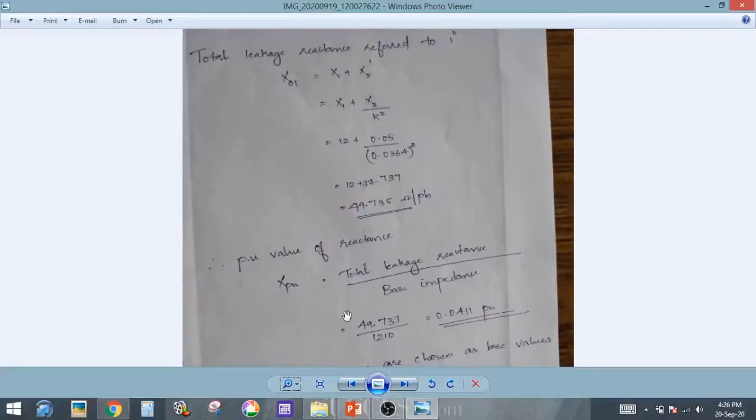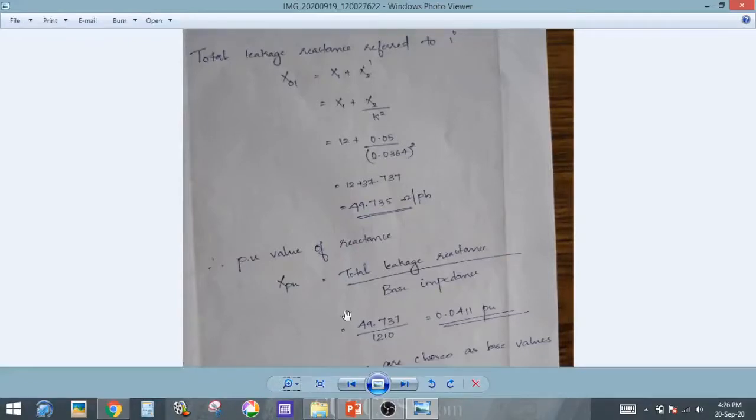Here the leakage reactance is referred to the primary side, that is, the total equivalent leakage reactance X01 equal to X1 plus X2 dash, that is X1 plus X2 by K square, where X1 is the primary leakage reactance, X2 is the secondary leakage reactance, and X2 dash is the secondary leakage reactance referred to the primary side.